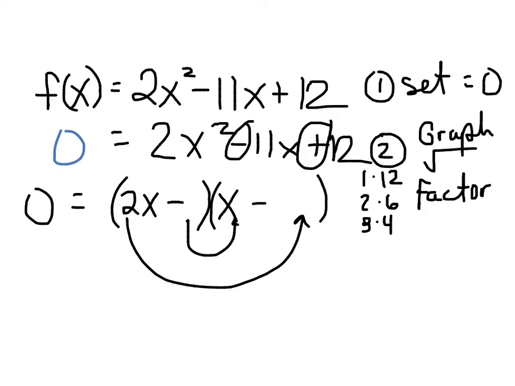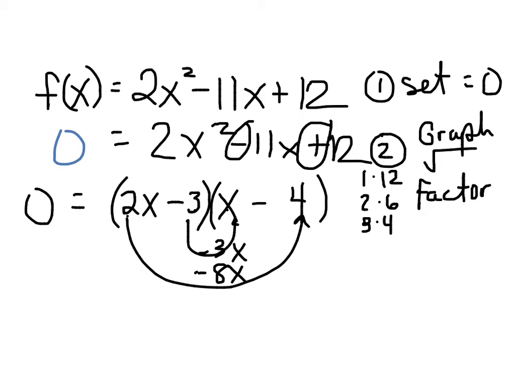So I'm just going to throw the bottom group in there as 3 and 4, and just see if it works. If it works to make negative 11, woohoo, we got it right. If it doesn't work to make negative 11, let's try a different order. What is 2 times negative 4? Negative 8. What's negative 3 times x? Negative 3x.